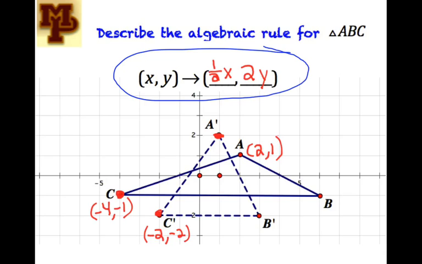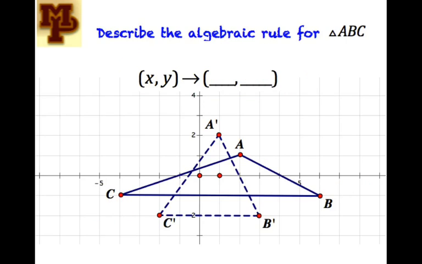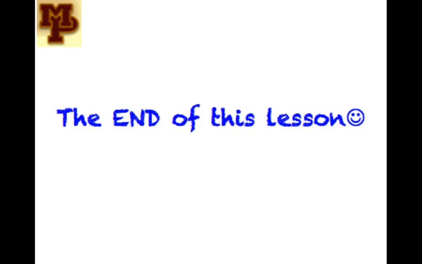And then same with the B. Originally, the B was 6, -1. So if we multiply the 6 by half, we get 3. So 1, 2, 3. And then if we multiply the y-coordinate by 2, that would be -2. So you can see it there. It just takes a little bit of work to come up with it yourself. And voila, we are done. So good luck.